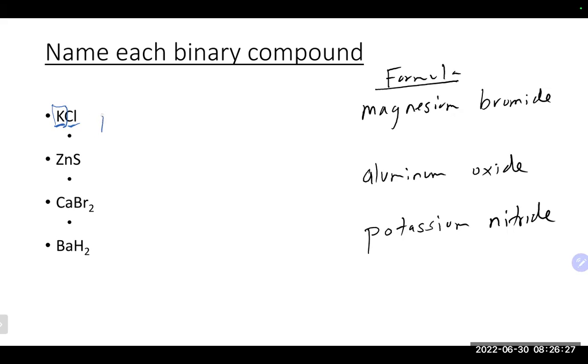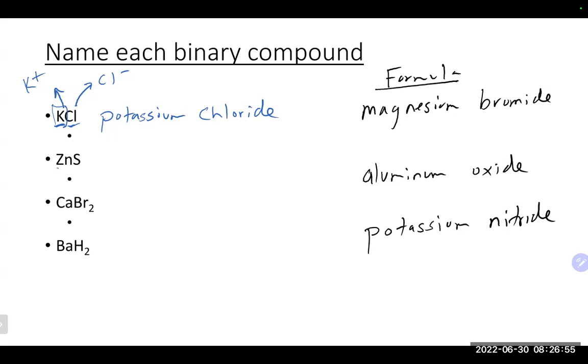We're going to use the whole name of the metal, potassium, and then our chlorine will get the IDE at the end of it. So this would be potassium chloride. Once again, it is made up of two things that have charge. It is made up of the cation, which is K+, and the anion, which is Cl-, in this particular case. Any questions on that one?